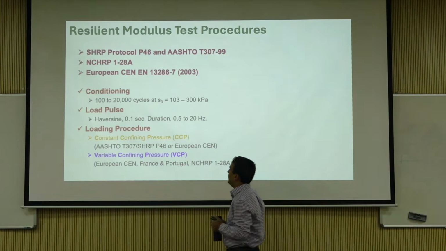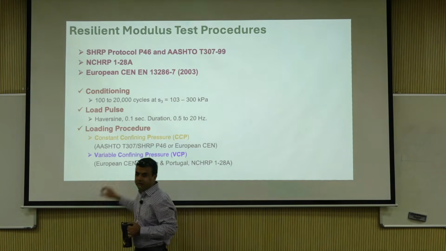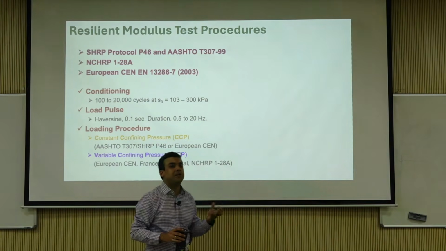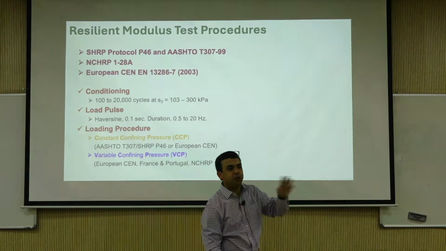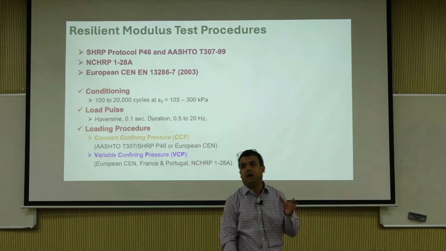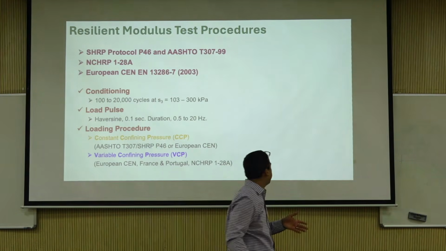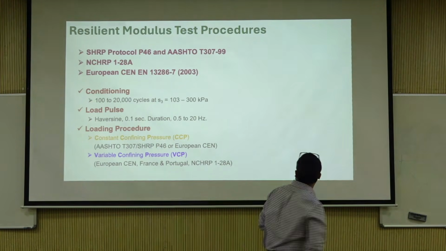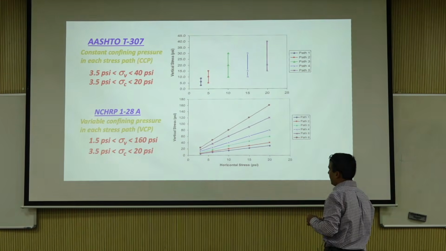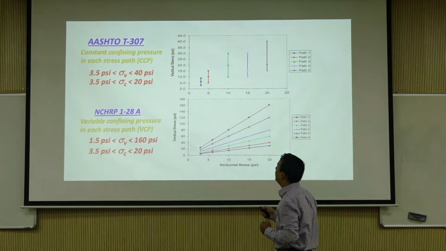And then the loading can be done using two different methods. One is called constant confining pressure, which is the most common thing you see. The other one is called variable confining pressure. We'll get to that in a little bit. Well, we'll get to that right now.